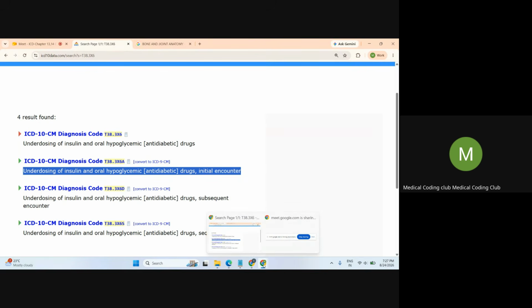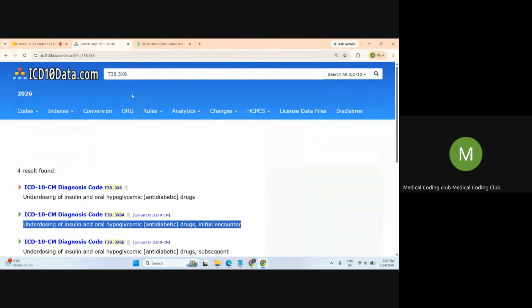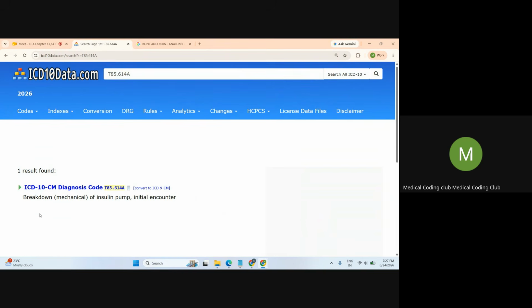Same way, first primary code should be coded with T85.614A, breakdown, mechanical failure of insulin pump, initial encounter.